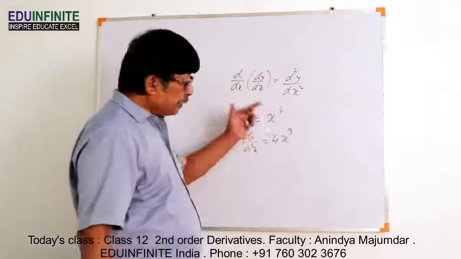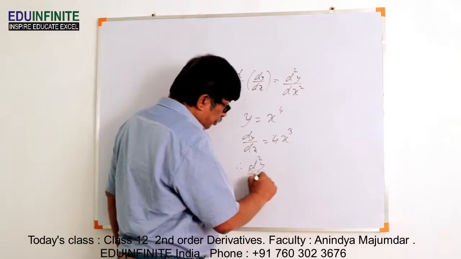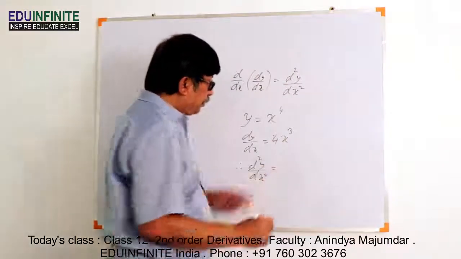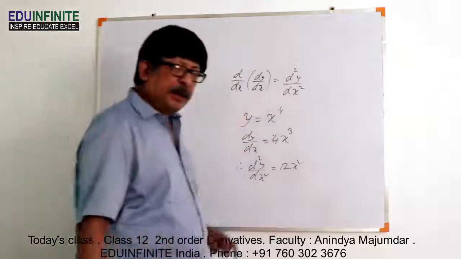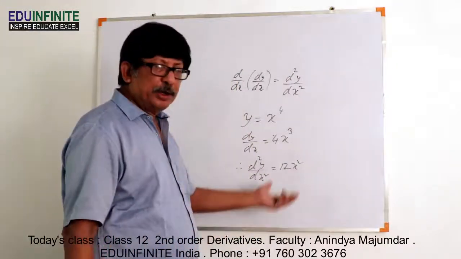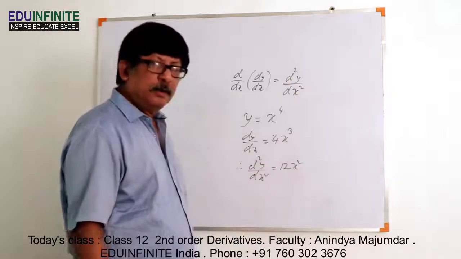If we differentiate for the second time, d2y/dx2, basically d/dx of this thing, is equal to 12x squared. Similarly, d3y/dx3 will be 24x. Therefore, d4y/dx4 will be just 24.